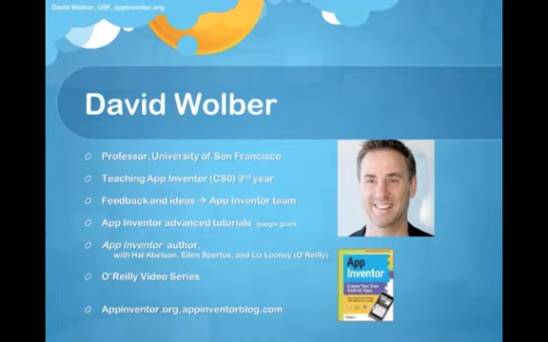My co-authors there are three folks from the App Inventor team: Hal Abelson, Spertus and Liz Looney. I've got an O'Reilly video series, if you're interested, which is some screencasts walking through App Inventor, and you can get to all my stuff from appinventor.org and appinventorblog.com.